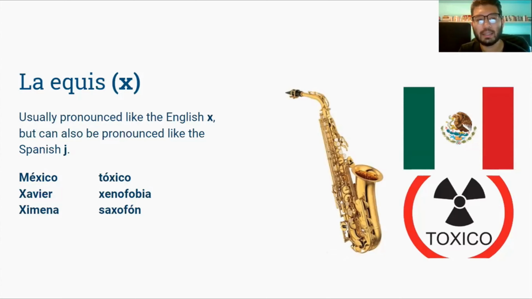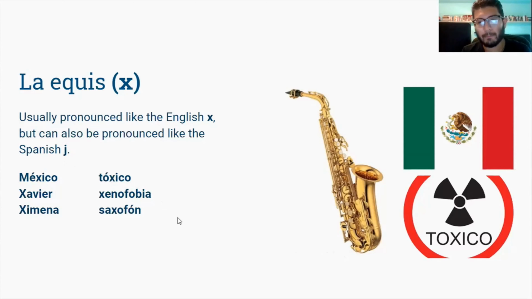I guess the curiosity here is that it also has that additional sound, Mexico, Javier, Jimena, that the English X doesn't have. No, the English X will never be pronounced like the English H. So it is worth noting.